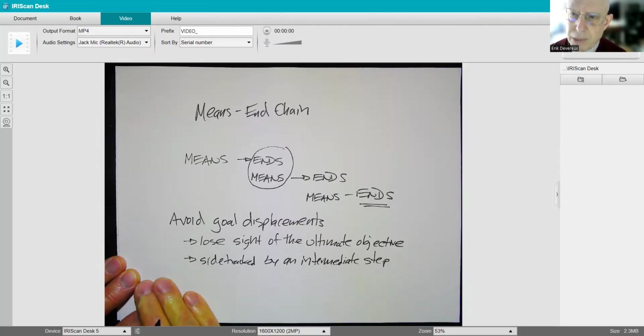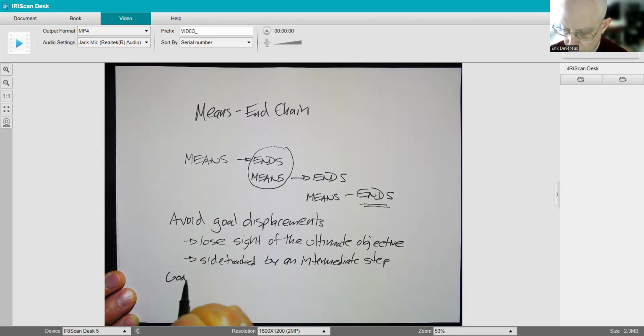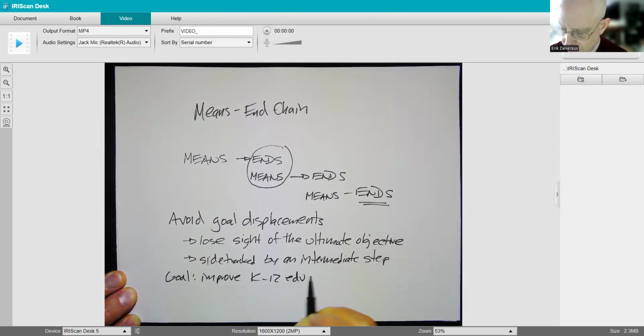And let me just give you one really quick example, a very famous example in the world of goal displacement. So our goal is to improve K through 12 education. Well, what do we want to see?